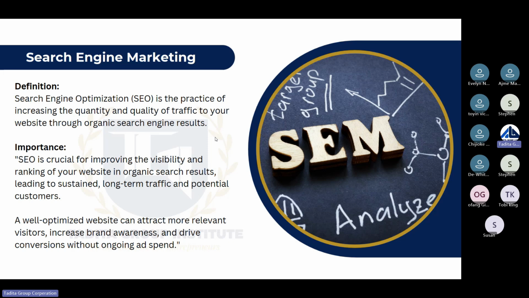Try to look at SEO as you growing a tree that takes time to bear fruits. While search engine marketing, you can look at it as buying fruits at a store for immediate consumption. When you plant a tree, it's going to take time, but you know that at the end of the day, you're going to yield more fruits.